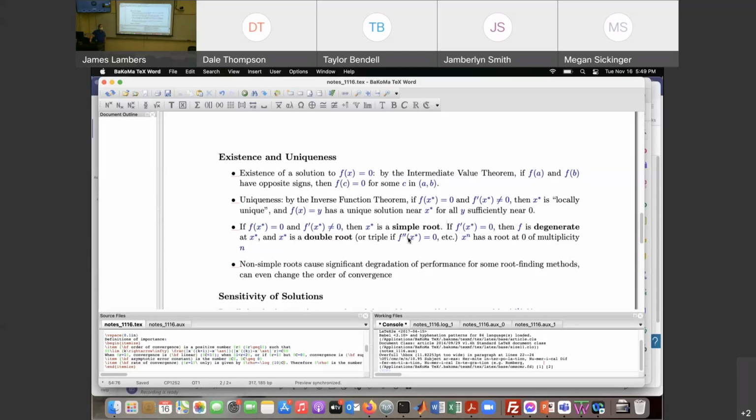This is bad for numerical methods, having multiple roots. So a method that would be very rapidly convergent, for example, quadratically convergent for a simple root, can end up degrading to linearly convergent for a double root. So as a simple example, x to the n has a root of multiplicity n at 0.